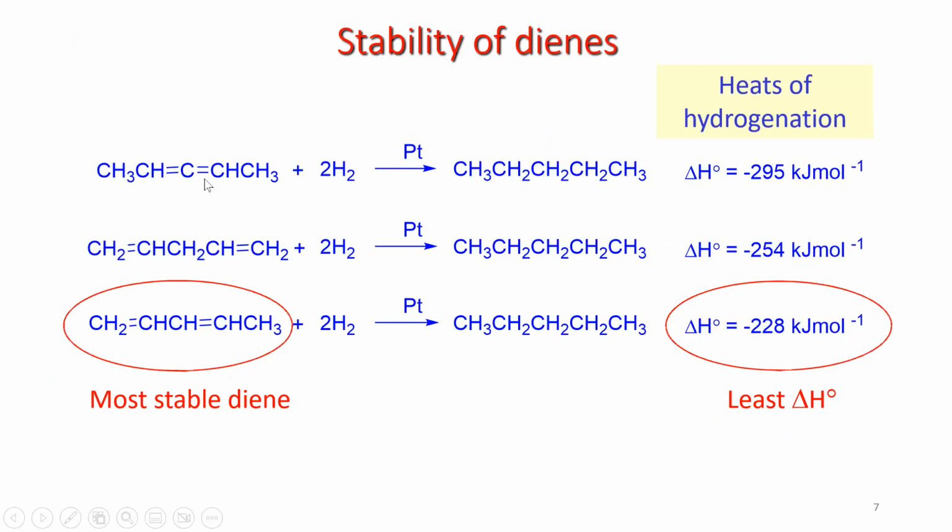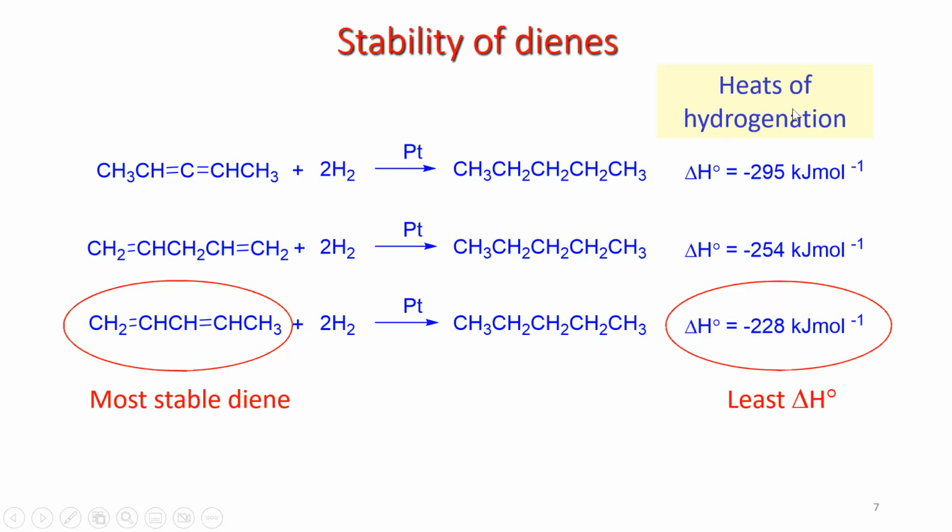Just now I told you this is an allene: a single carbon has two pi bonds, right? It is an allene, and this is a skipped double bond, and this is a conjugated double bond. The number of carbons in the molecules is the same, and the number of double bonds is also the same.